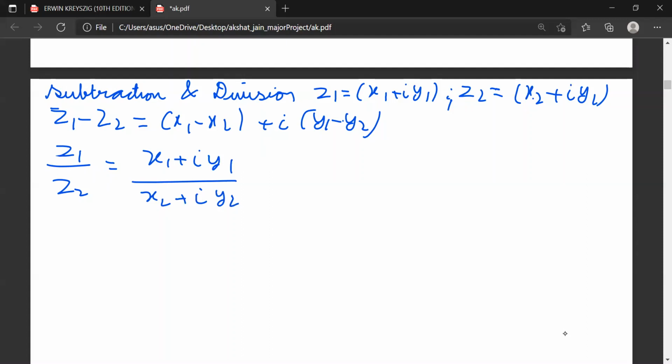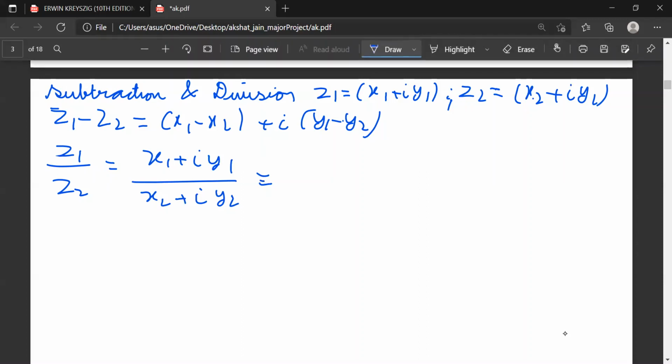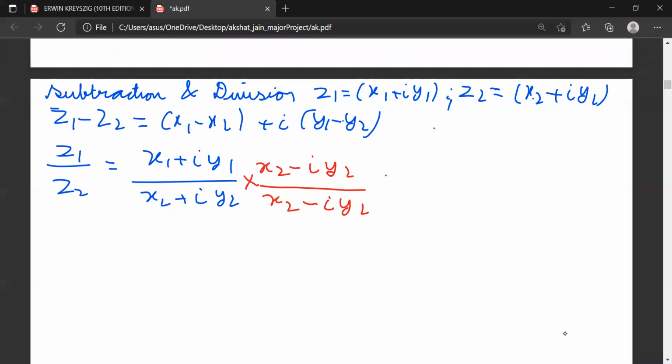What we will do is multiply it by x2 minus iota y2 divided by x2 minus iota y2. We will see why we multiply this.